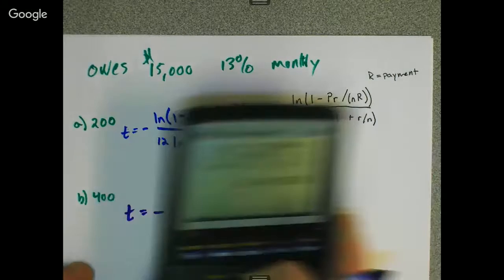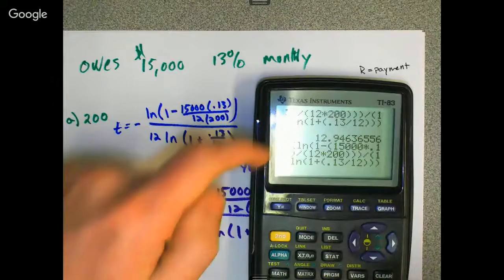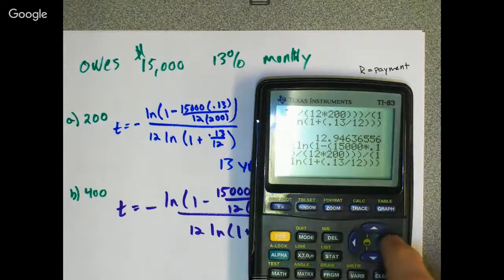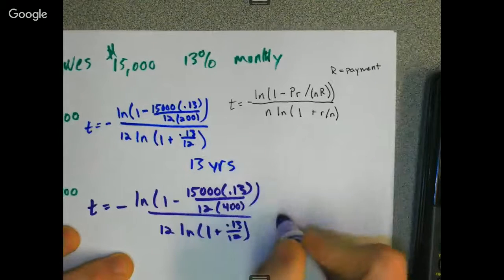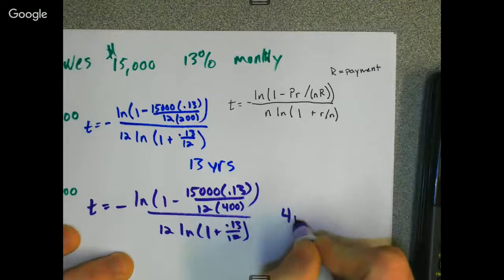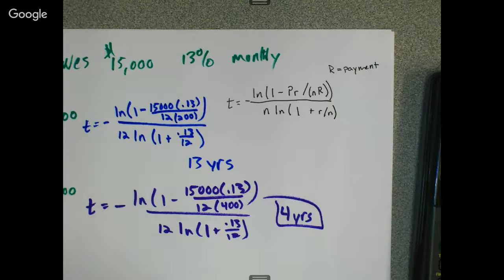It's nice in the calculator here, we can just hit second enter and it'll retype all that, and we'll just go up here and put a 400. Okay, so now instead of 13 years, it's only going to take him 4 years. So you'd think it would only halve it, but half would be 6.5, but it actually cuts it way better than just half. So I'm paying double, not necessarily going to cut down half the time.